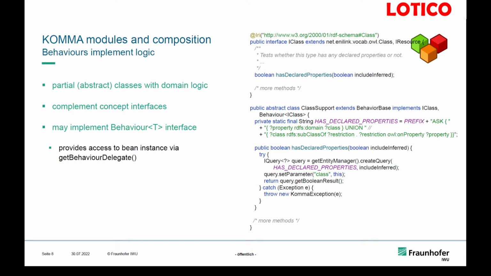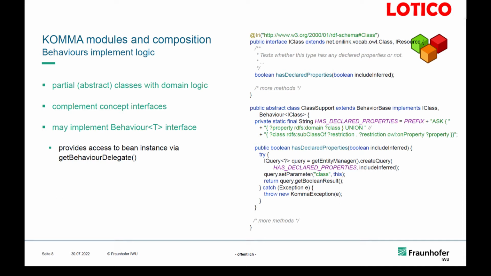For example, KOMMA comes with an interface called IClass, which represents all classes. This IClass interface could also be read as an improved class interface for the basic OWL class mapping. This improved interface has a method, for example, hasDeclaredProperties, where I can ask if this class has some declared properties which are declared by using OWL restrictions, for example.